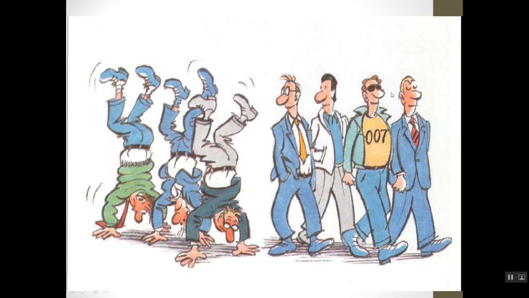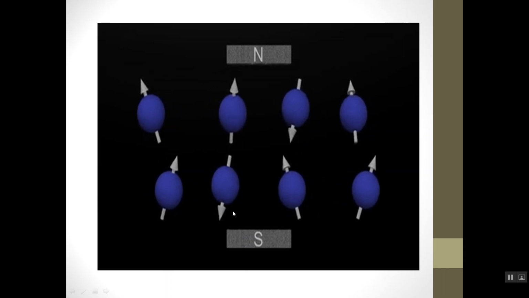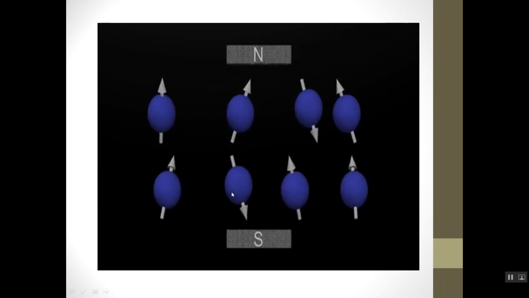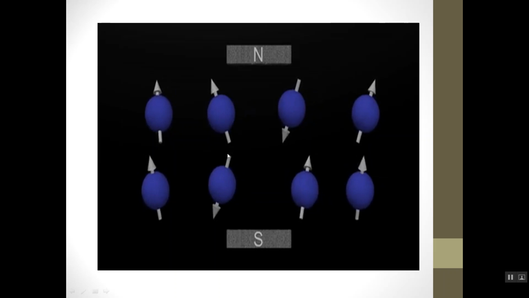So for each 1,000,007 protons aligned up, I'll find 1,000,000 protons aligned down. As I said before, for each proton aligned up, I'll find another proton aligned down, so two opposite magnetic forces neglect each other.